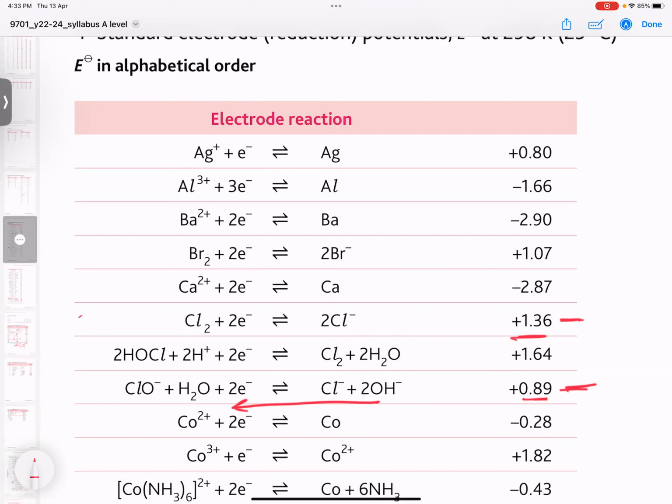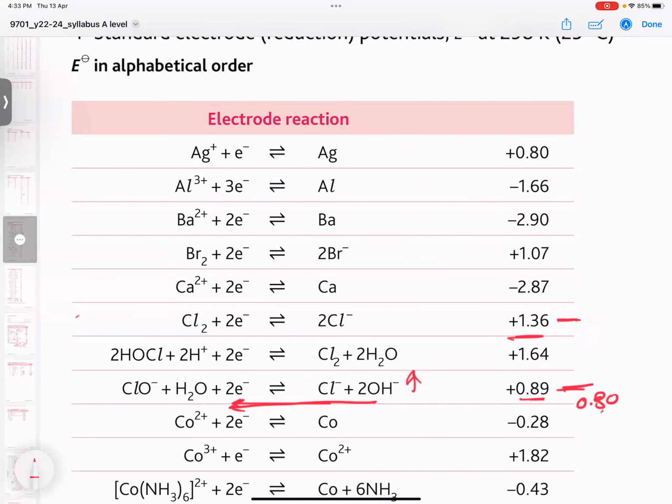So see, if the hydroxide ion concentration is increased, the equilibrium shifts to the left, and as a result, for example, instead of 0.89, it becomes 0.80. So if I subtract these two, the value will get bigger, right? The value would get bigger.